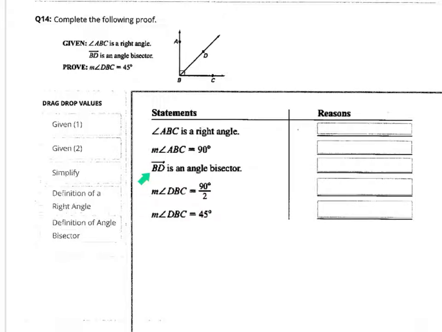BD is an angle bisector. Is it one of these, or did that maybe come from up here? You got to make sure you look. We got two givens, guys. There's two given statements up there. Where do they go over here? DBC equals 90 degrees divided by 2. Which of these would apply? And then DBC equals 45.